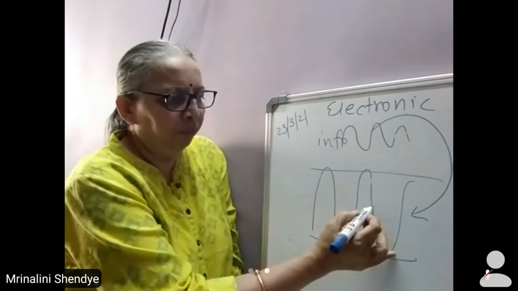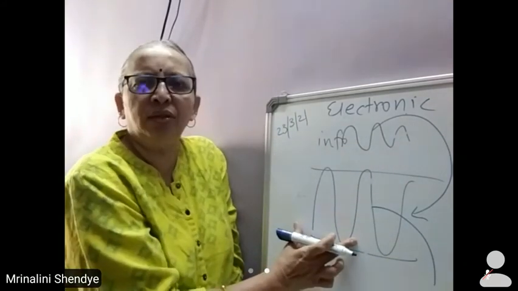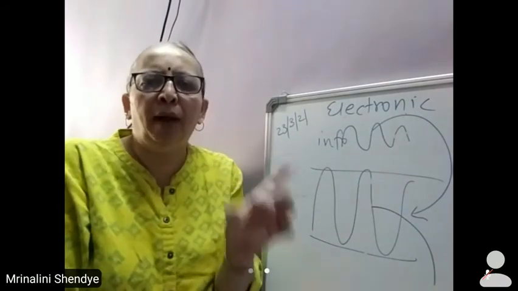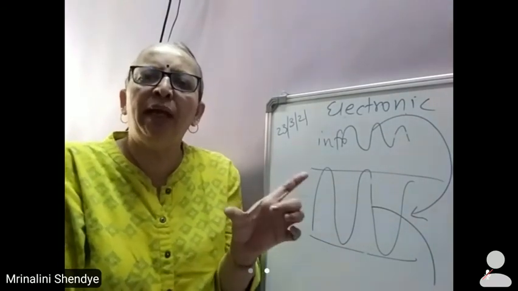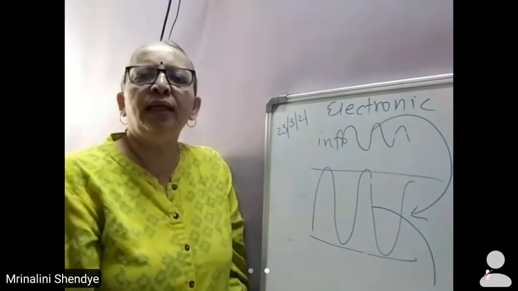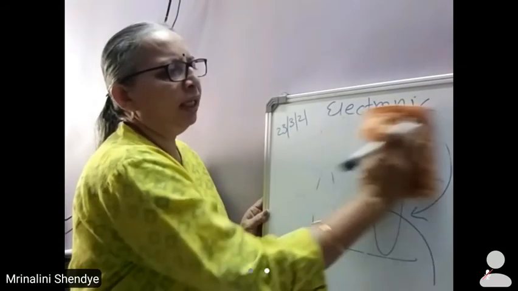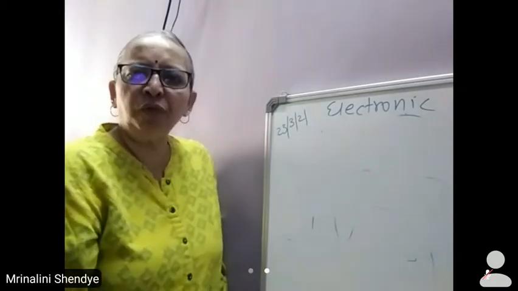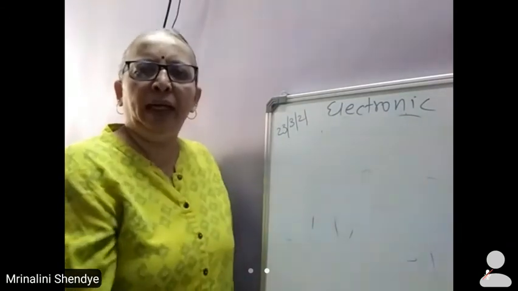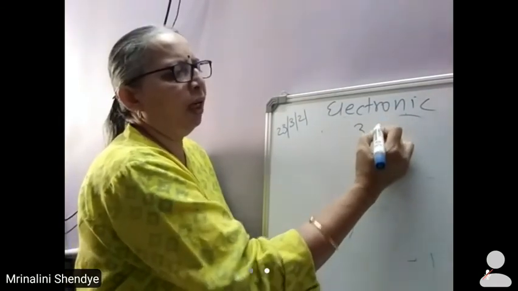The frequency of these waves lies in radio wave and microwave. So radio waves and microwaves are mainly used for communication purposes. These radio waves used for communication purposes can be propagated using 3 different modes.